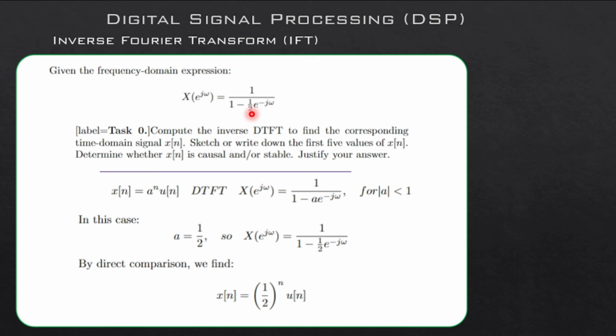Where a in this case is 1 over 2. That's a equal to 1/2. So X(e^jω) is equal to 1 divided by 1 minus 1/2 e^(-jω). So x[n] is equal to (1/2)^n u[n]. This is the original function from which we've gotten the Fourier transform in the example over here.